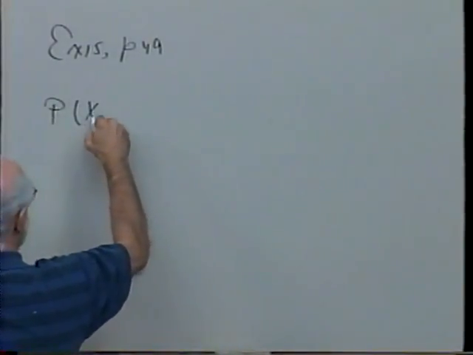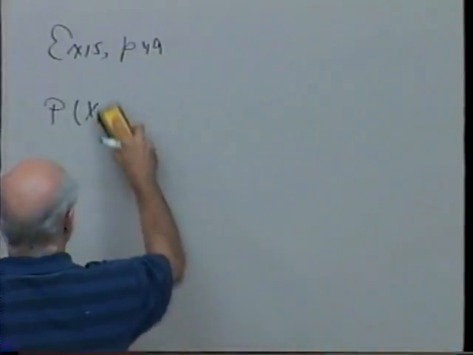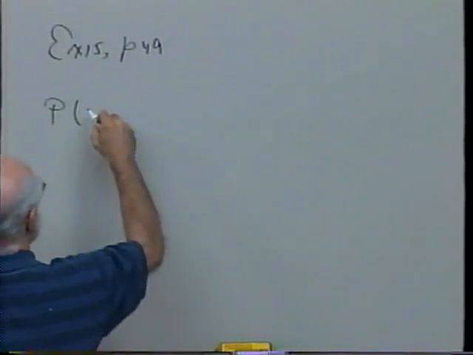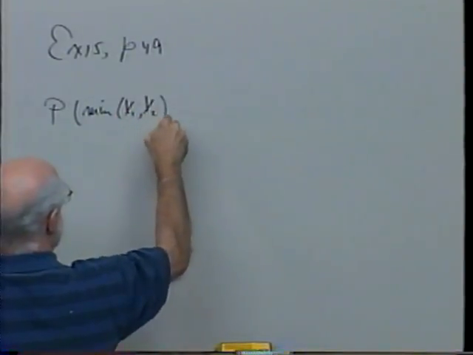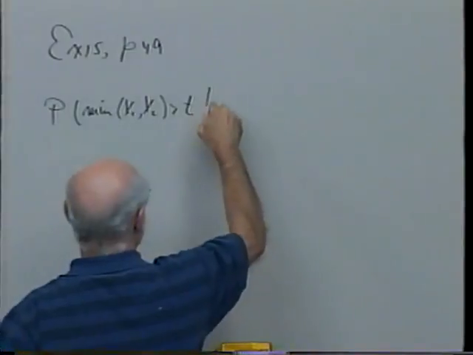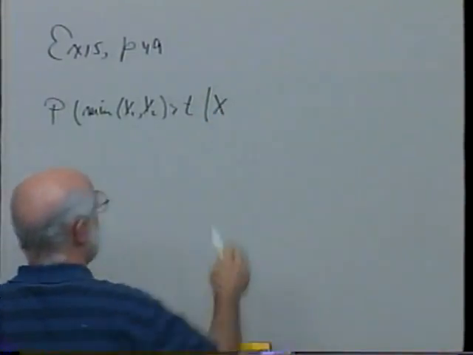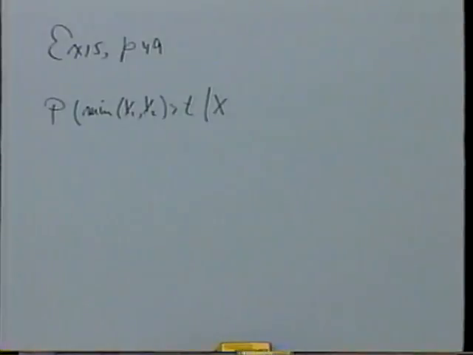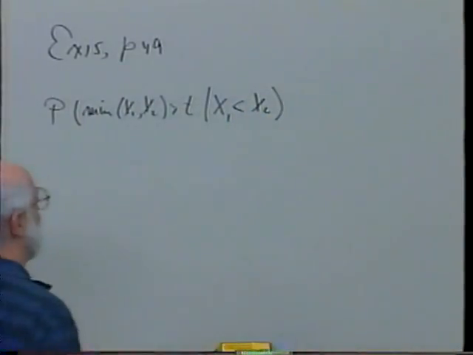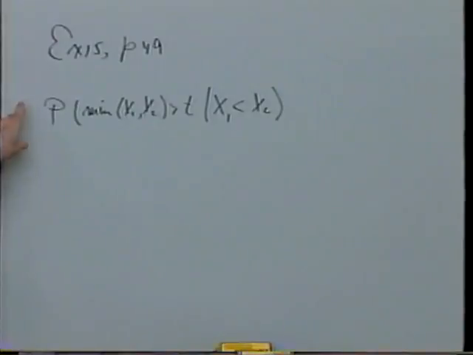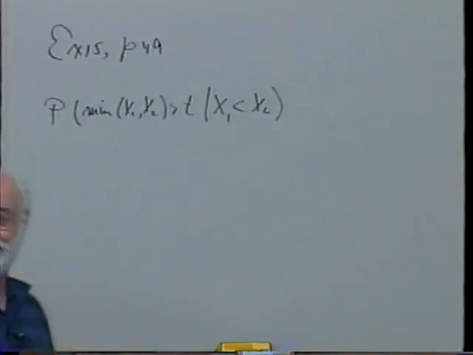So I want to calculate the probability that the min is greater than t, given that, in the same terms as the exercise, x1 is less than x2. First let me ask, because I don't remember, have I discussed this problem in class? I don't think so. If I have, you don't remember, so either way, it's okay to discuss it.